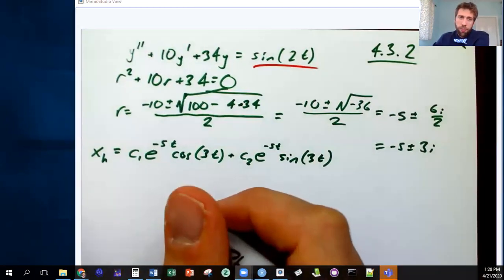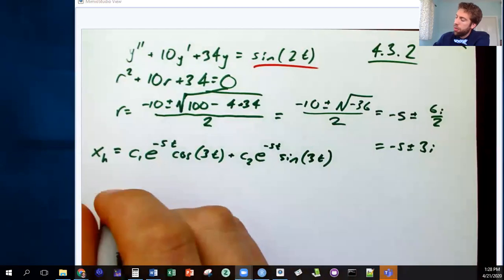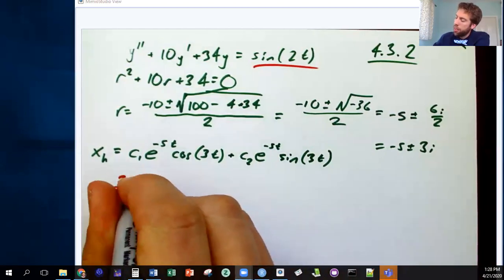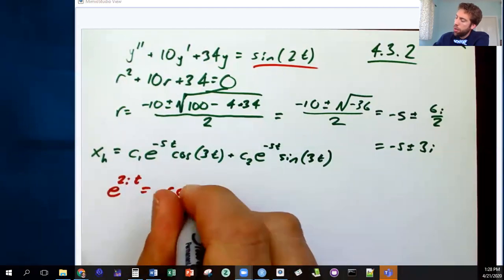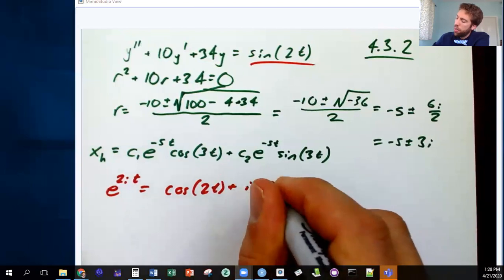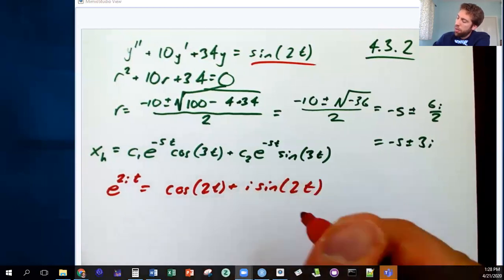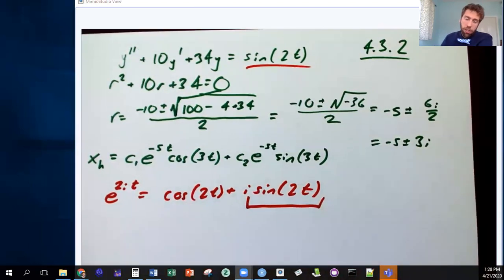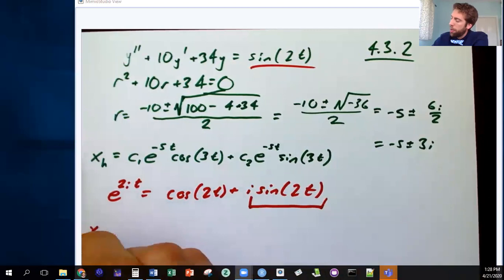The exponential function that includes the sine of 2t would be e to the 2it, which is equal to cosine of 2t plus i sine of 2t, where the imaginary part, not including the i, corresponds to that sine of 2t. I'll name my complex solution xc, like the book was doing.